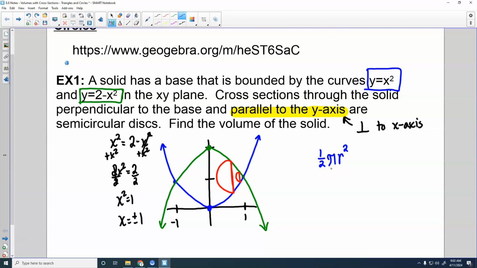So it is half of the area for our circle. Okay? That would be your area for your semicircle. Now, we need to find the radius, right? So radius right here is this length.